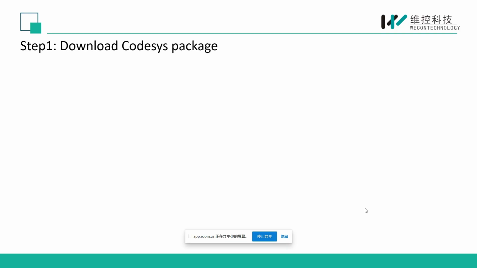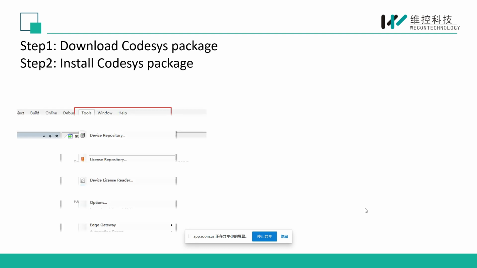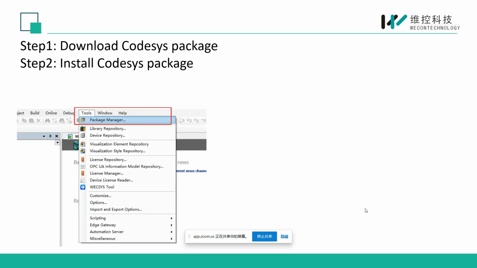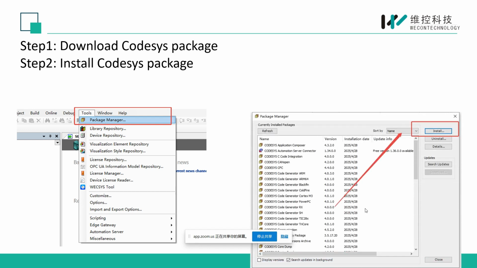Next part is how to use Codesys after download. We must install the Codesys package. First we download the Codesys package and enter the Codesys screen. We click Tools and open Package Manager.